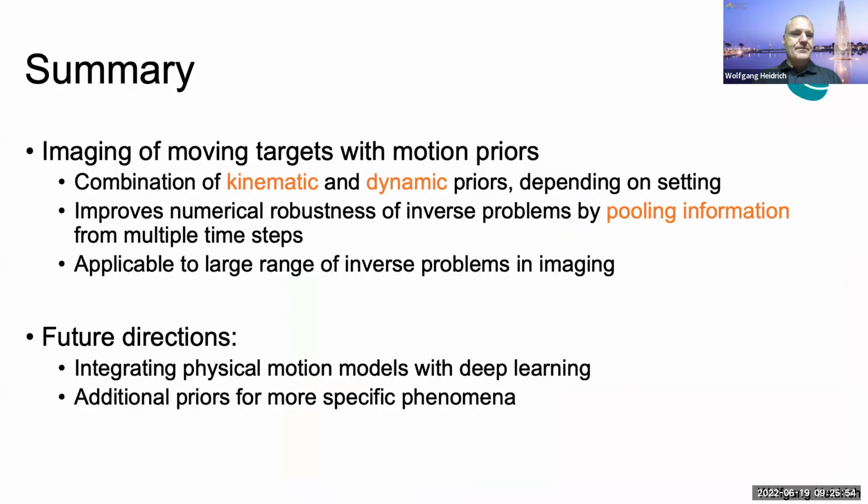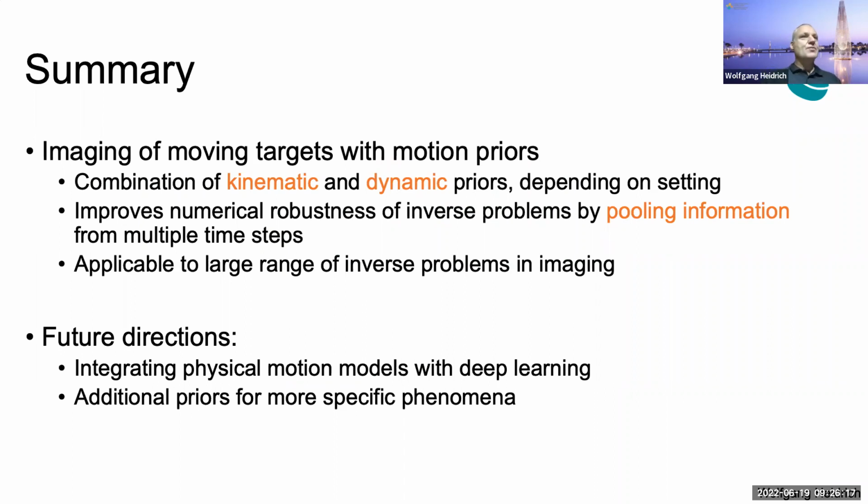Okay, so in summary, basically we have pretty much a framework here now for imaging any kind of moving target with these types of motion priors. There are 2 types of motion priors that apply depending on what you want to image.